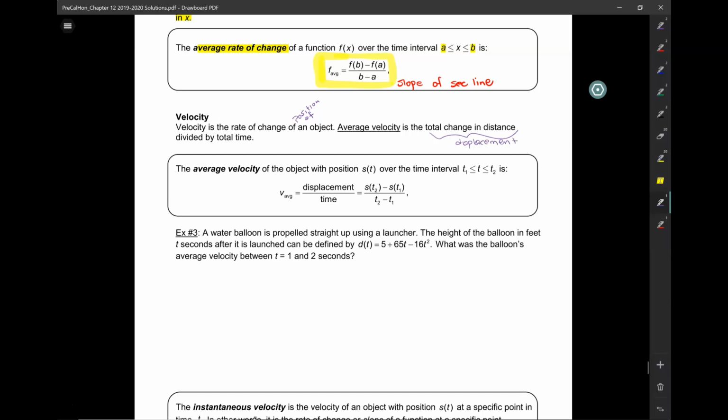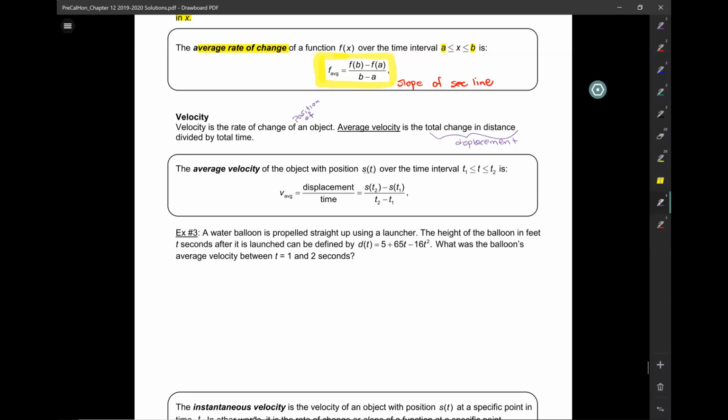Okay, displacement. So the average velocity of an object with position s of t is the displacement over time. Now, displacement is the change in position, and it also has a direction associated with it.